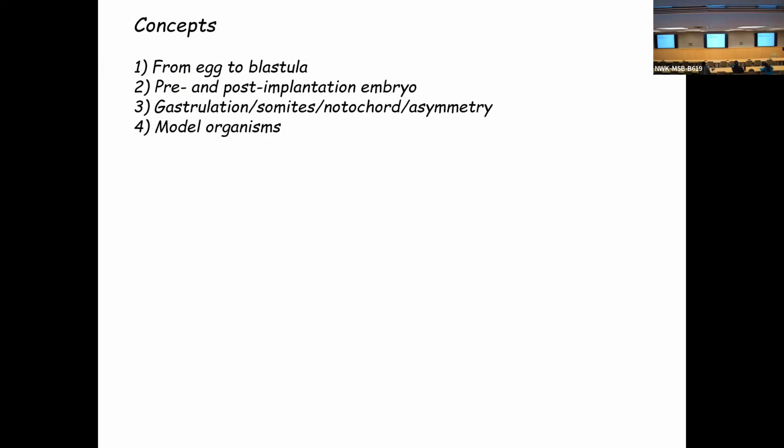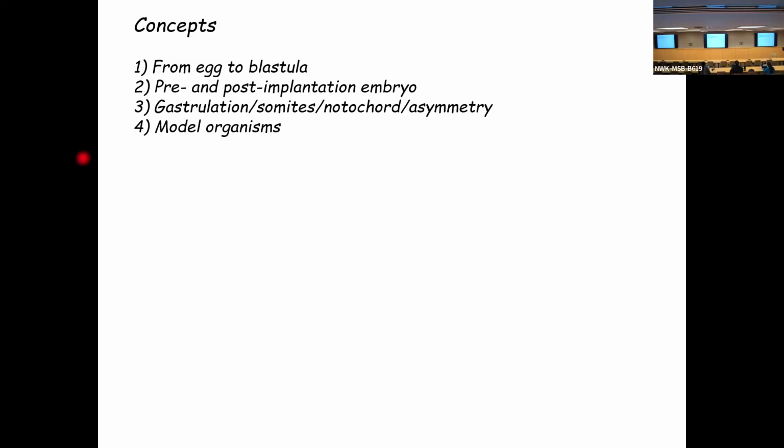Once the embryo gets implanted, we'll learn concepts about gastrulation, the formation of the third germ layer, the mesenchyme with the somites, notochord, concept of asymmetry. You know, we are very symmetrical on both sides, but not 100%. And we'll learn how this is programmed during development.